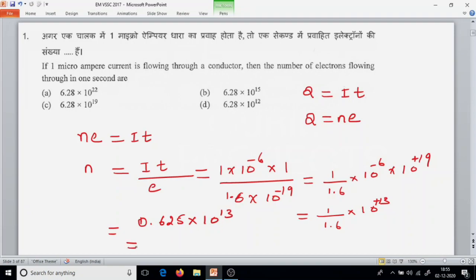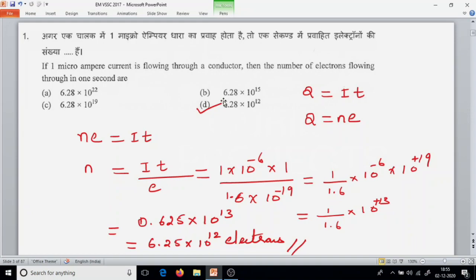So which can be written as 6.25 multiplied by 10 to the power 12. So many number of electrons are required to make 1 microampere of current. So the answer is option D, 10 to the power 12.